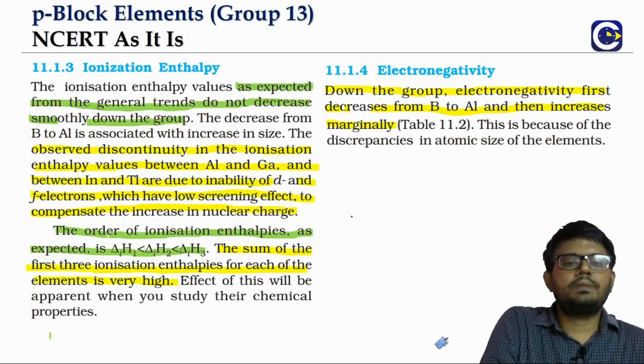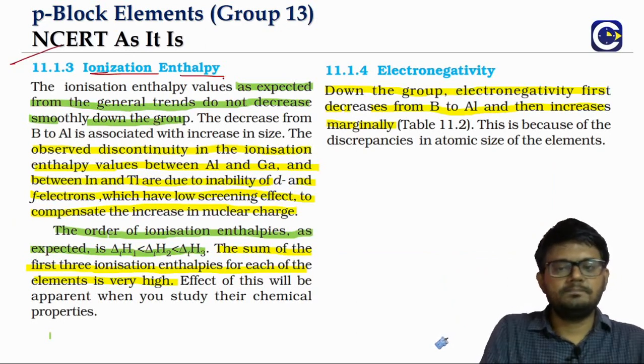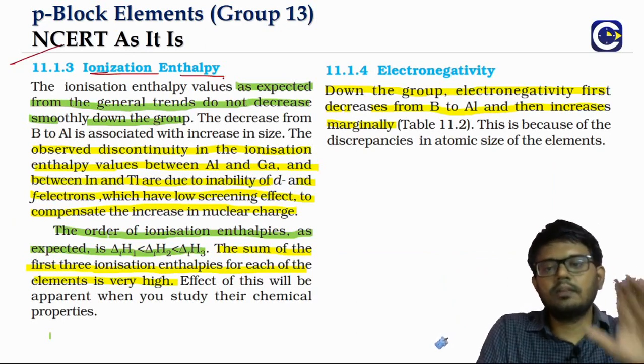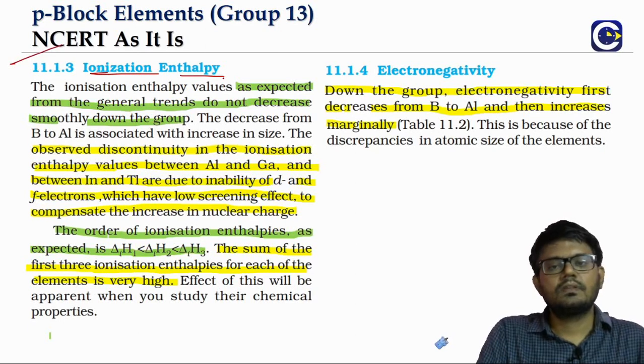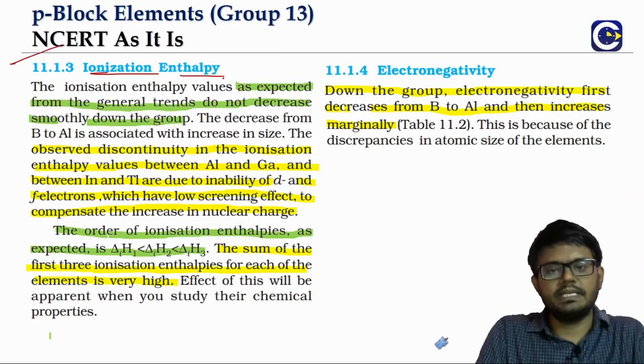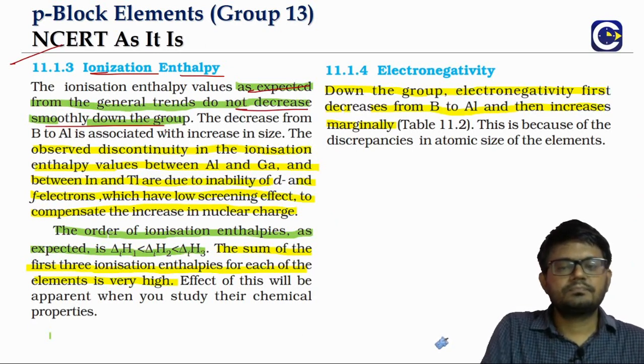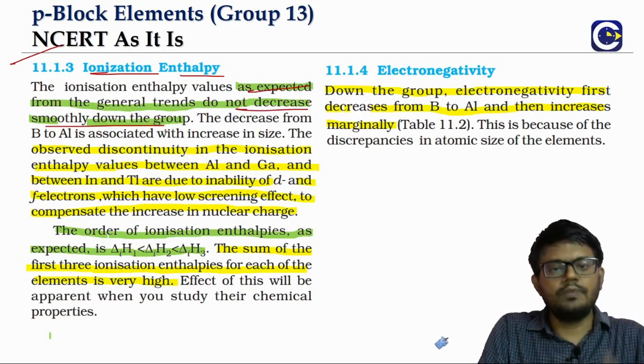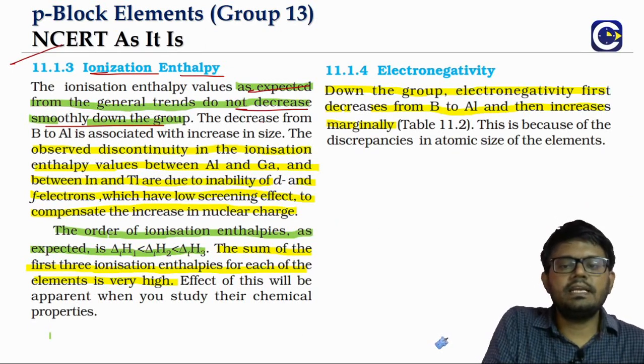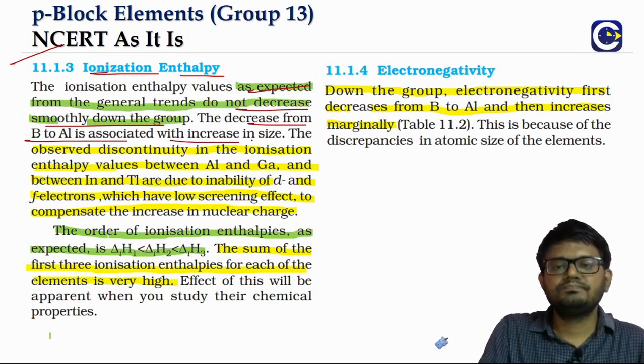Now the next property that we will analyze is the ionization enthalpy. What is the general trend? As you go down the group, it must decrease. But in the 13th group, it will not generally decrease like that. Yes, we will see a decrease from boron to aluminium.